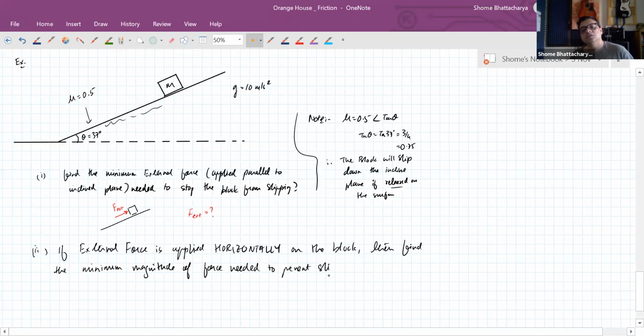Each part will have a different answer, because when you make the free body diagram you will understand. If we apply the force horizontally instead of parallel to the inclined plane, we are going to affect the normal reaction.